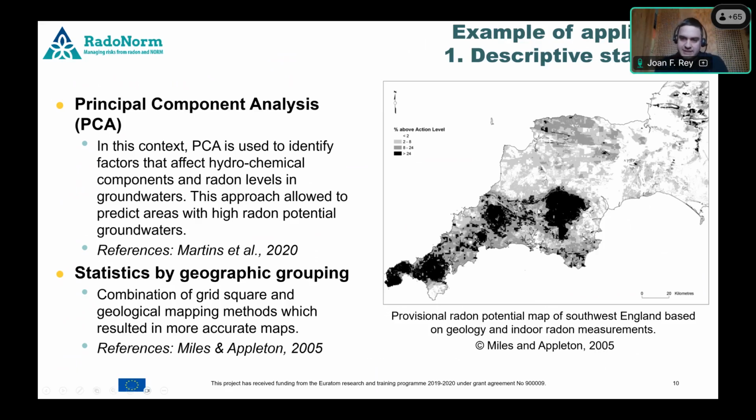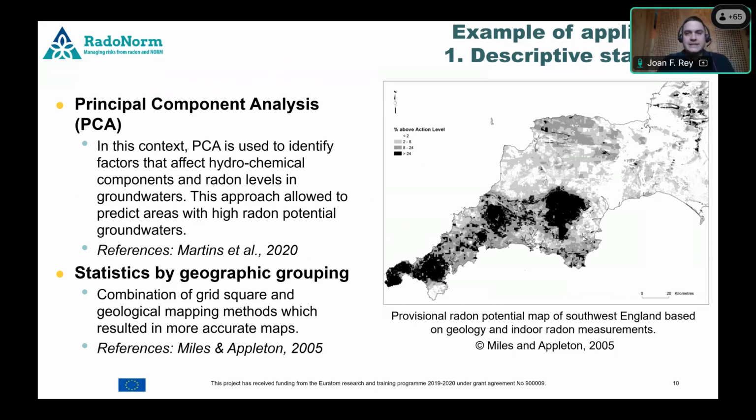We can see here, for example, the black squares represent units where more than 24% of the indoor radon measurements are above the action level of England in 2005.